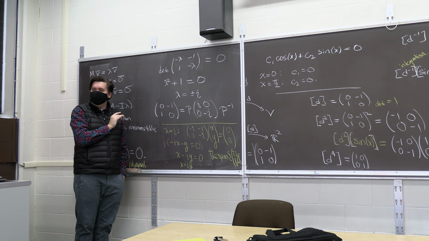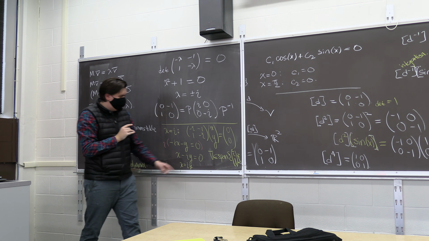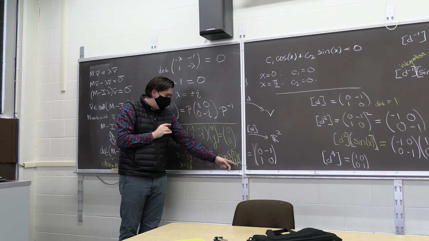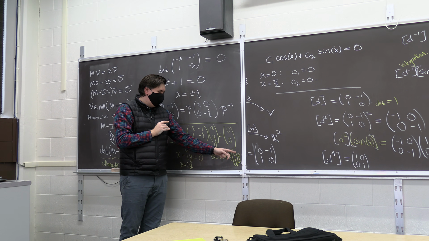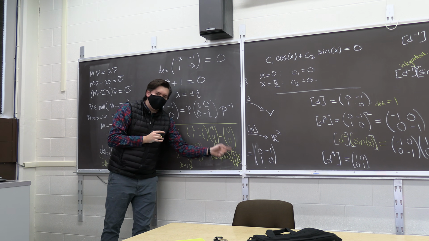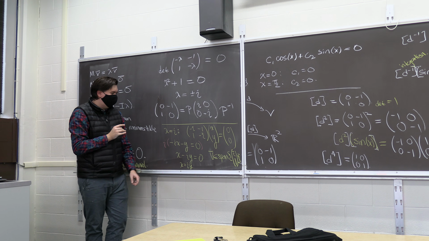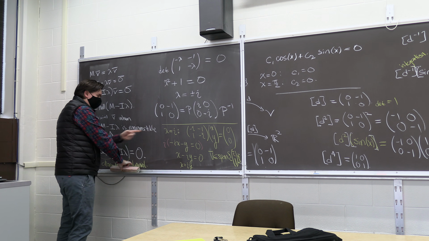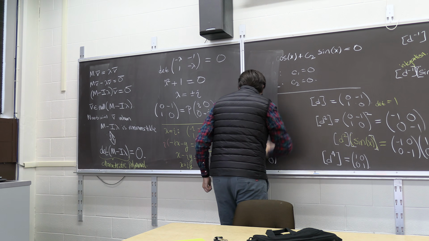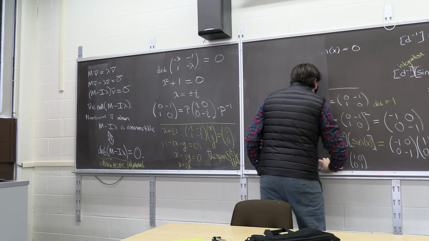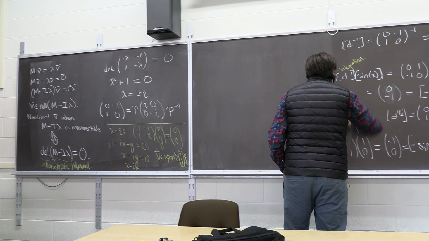Are you happy with this so far? Right, it's the span of that. So y could be 10, and then x should be 10i, but they're all going to be of this form. Great. So that's the case lambda equals i. Now let's look at the case where lambda equals negative i.